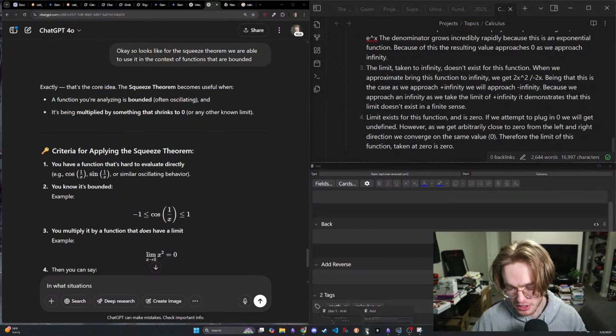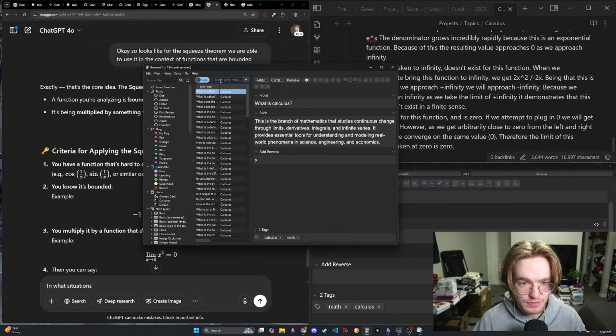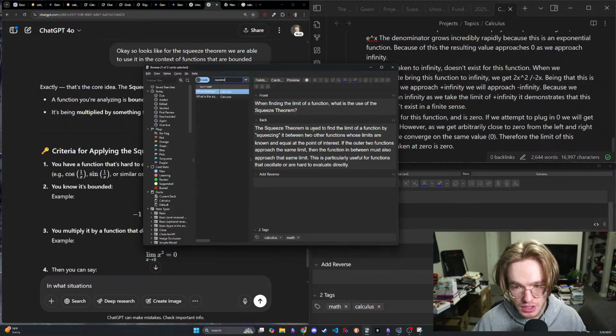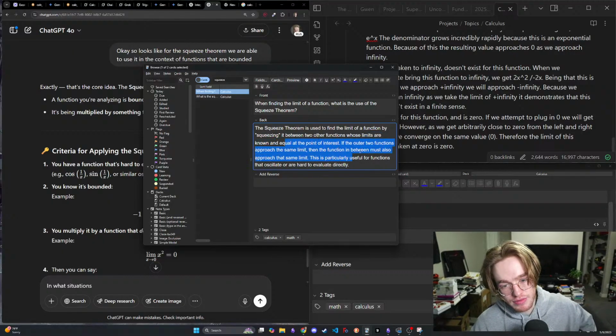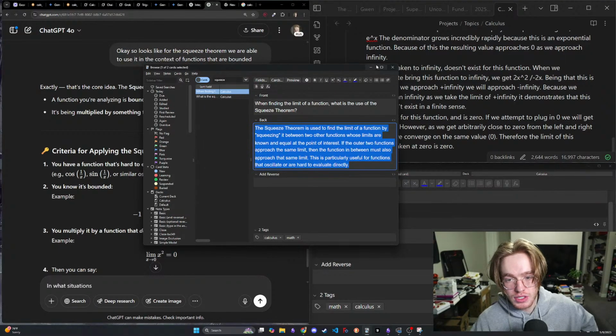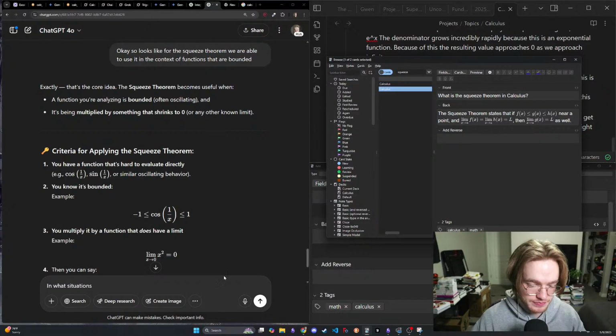Okay, maybe I already have this captured for the squeeze theorem. It is used to find the limit of a function by squeezing it between two other functions whose limits are known or equal at the point of interest, if the outer functions approach the same limit. Okay, so I need to know when we should apply the squeeze theorem.